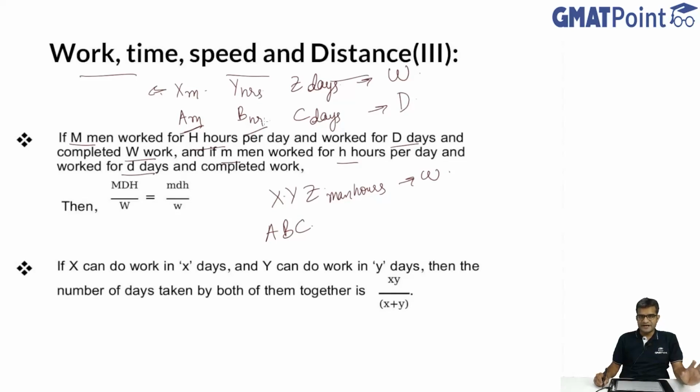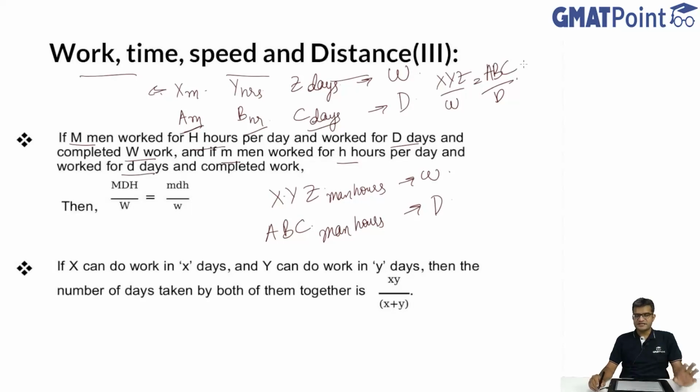So every day the man hours that was worked is A into B and they worked for C days. So the total number of man hours is A into B into C man hours. And here they are doing D work in this particular case. This would tell us that X, Y, Z divided by W should be equal to A, B, C divided by capital D. This also is asked many times.